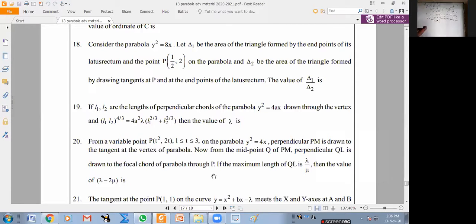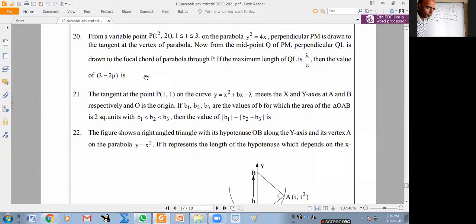Okay, 20. From a variable point which is between 1 to 3 on the parabola y square equal to 4x, perpendicular is drawn to the tangent at the vertex. So take a parabola, take the tangent at the vertex, take anything between 1 and 3 only, 1 comma 1 and 3 comma 9. Take a point and draw.